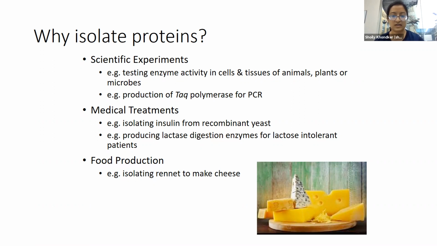It can also be used for medical treatments. For instance, recombinant yeast can be used to produce insulin, which can then be purified from the yeast cells. Similarly, lactase digestion enzymes can also be produced in cells, and they can be used by lactose intolerant patients.